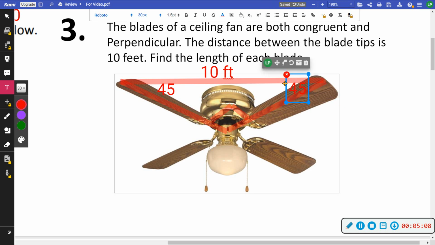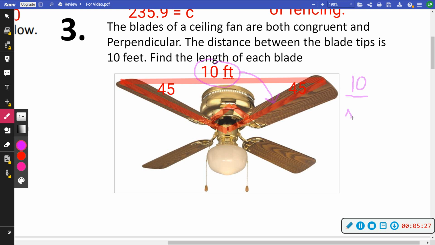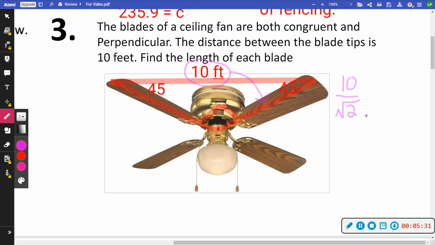Now that we know that's 45 degrees, to go from hypotenuse to a leg, you take that number and divide it by square root of 2. We can't write down the answer as 10 divided by square root of 2. You rationalize. So you multiply by square root of 2 over square root of 2.